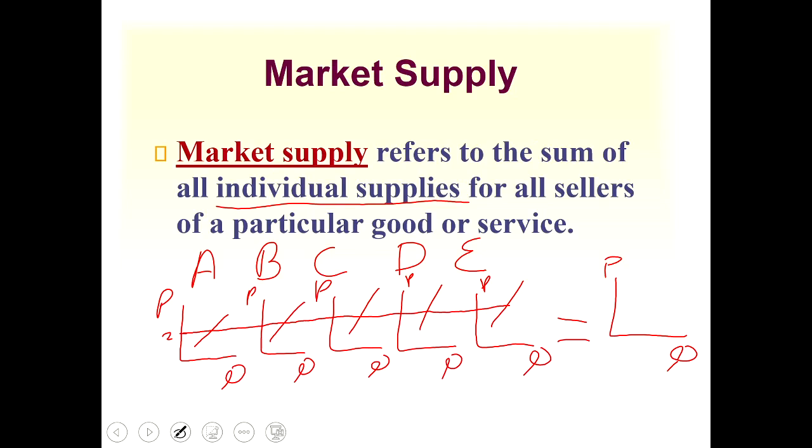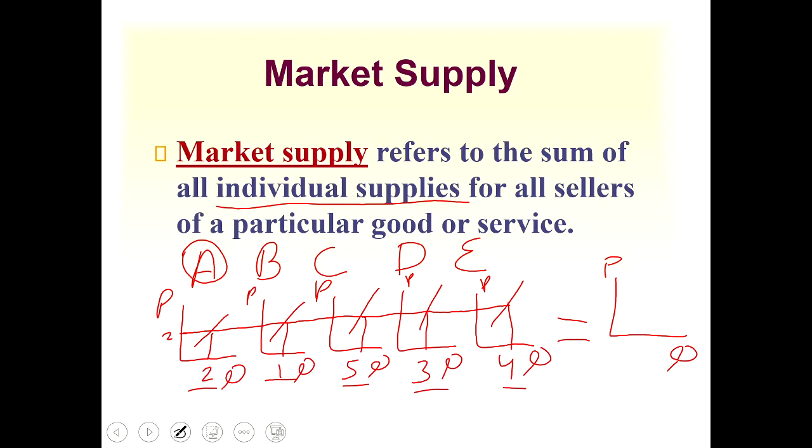At price 2, supplier A is willing to sell how many ice creams? Let's assume it's 2. For B, he is willing to sell 1 ice cream. For C, he or she is willing to sell 5 ice creams. Another supplier is willing to sell 3 ice creams. Another supplier, at the price of 2, is willing to sell 4 ice creams.